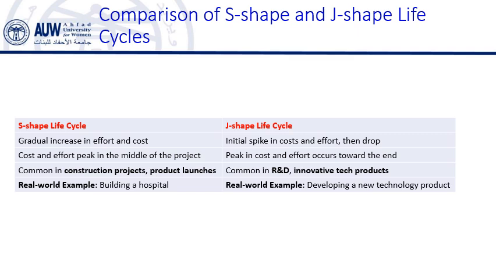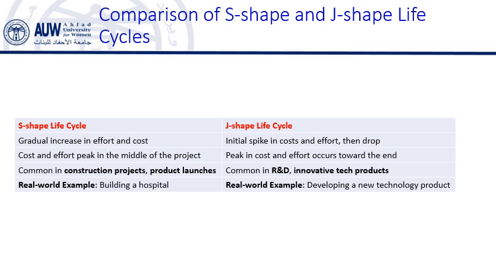It will be followed by a slow finish. As the project nears completion, the pace slows down again. During this closure phase, tasks like testing, final adjustments, and documentation will take place.